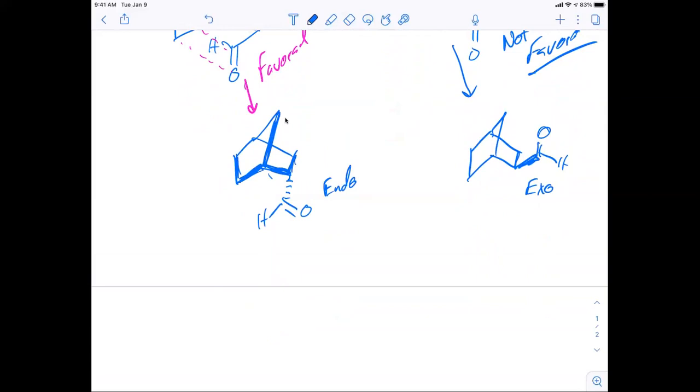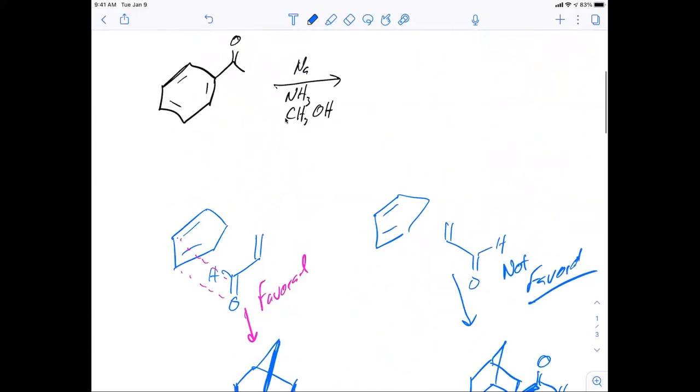As we talked about last time, you can also draw these as flat, so your perspective is coming from the top, but even in that perspective, we would want the group underneath. We'd want the group down. Questions about these? Okay.